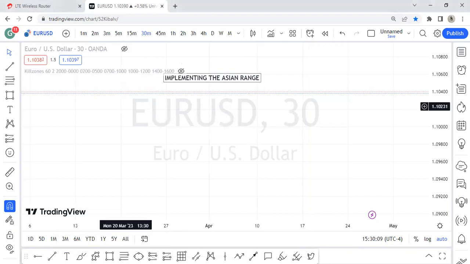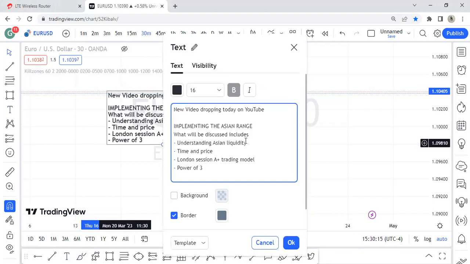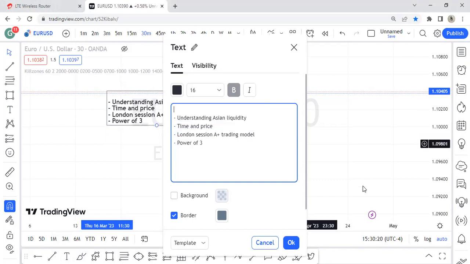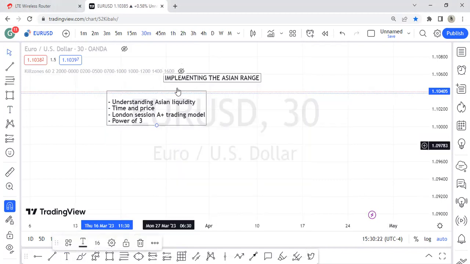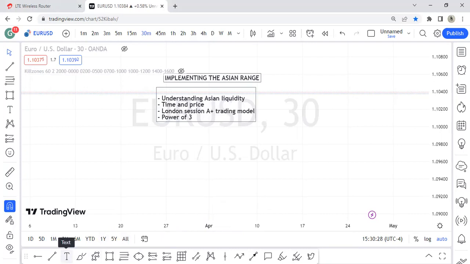Let me put back the things we're talking about. So I've mentioned the time window you're looking at, which is between 8 o'clock and 12 o'clock New York time. That's the time you're looking at to get your Asian range.